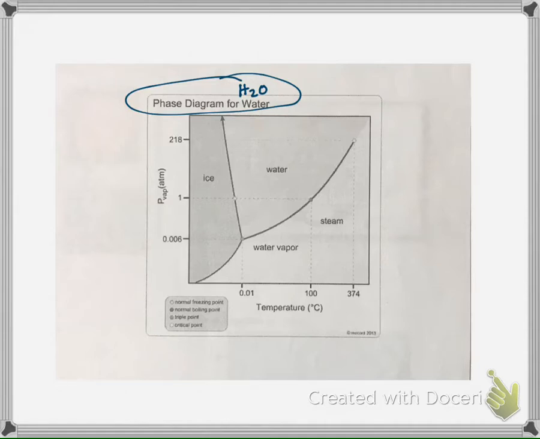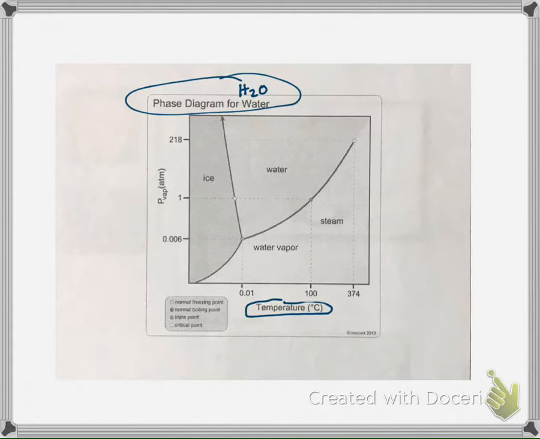So in this case, this is water that is being studied, and you can see right here that temperature is changing. Temperature is in degrees Celsius. So right here, this says 0.01, but you can pretty much say that this is like 0 degrees Celsius, okay? And this would be 100 degrees Celsius. This is 374, all right? So our temperature is on the x-axis.